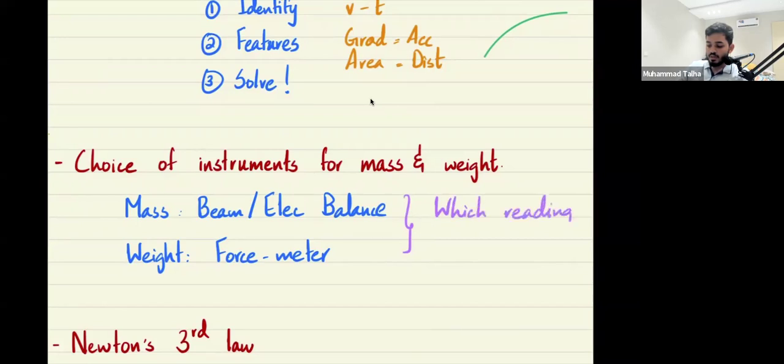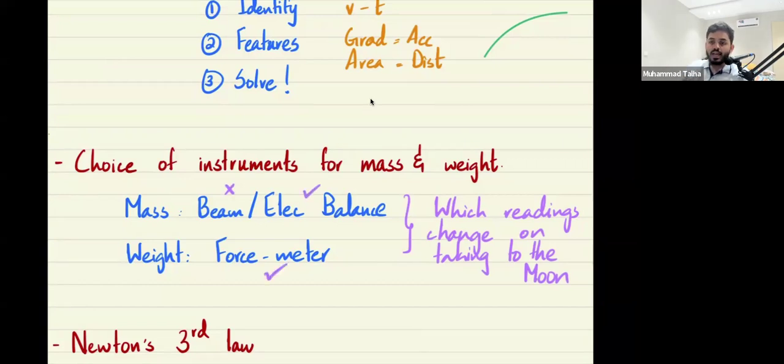For example, if we take all of these apparatus to the moon, so if small g changes, which readings change? The answer to this one is that the beam balance reading is the only one which does not change. The electronic balance reading changes, the force meter reading changes. And in a sentence, the answer as to why this is so is because the beam balance works on the basis of comparison.